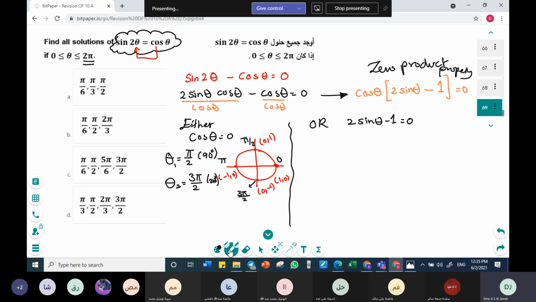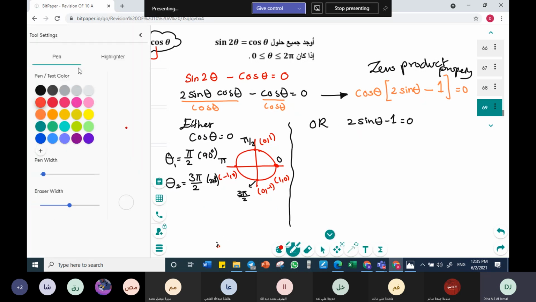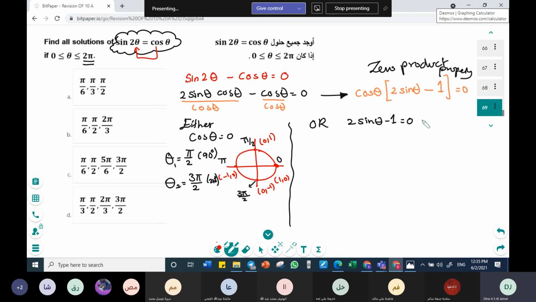Okay, let's have a look now at the other part. 2 sine theta minus 1 equals 0. That means I need to keep sine theta alone. Sine theta is equal to 1 over 2.